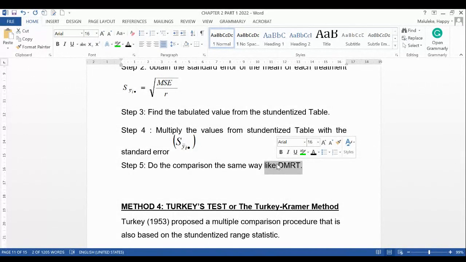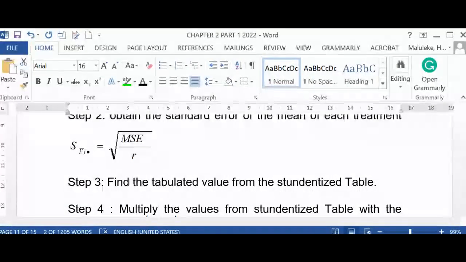Any questions? Any question, guys? Sir, is this for balanced or unbalanced? It's for balanced. I heard 2 voices.